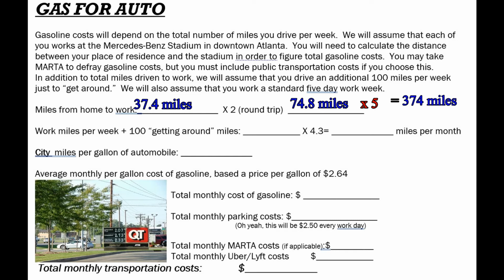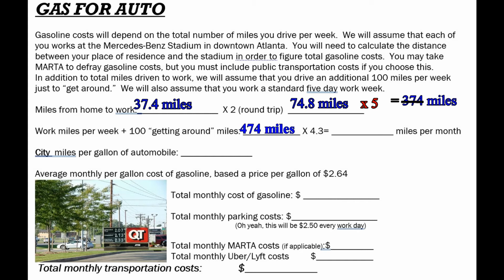So to adjust for that, we are going to add 100 miles to that week number in order to account for our getting around miles. Once we add that 100 miles, that puts me from 374 to 474 for the week. That's 474 miles per week.